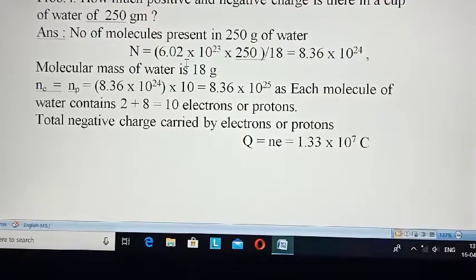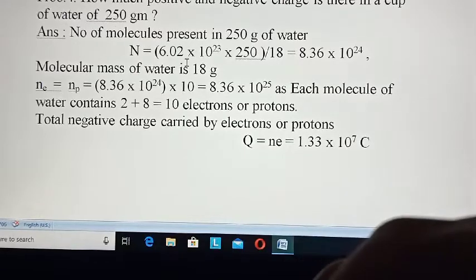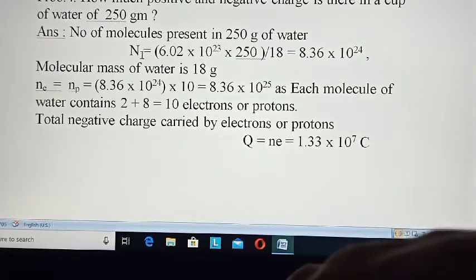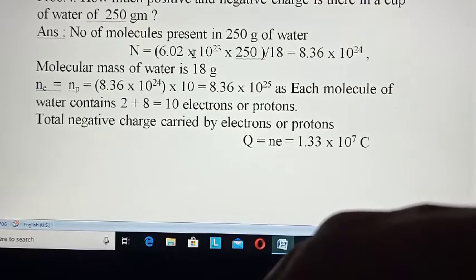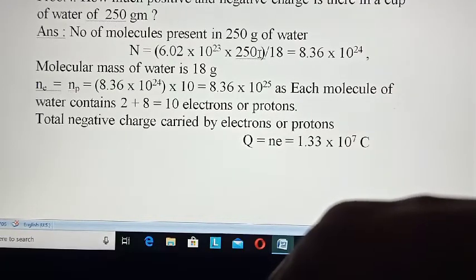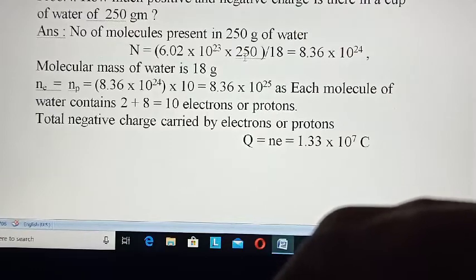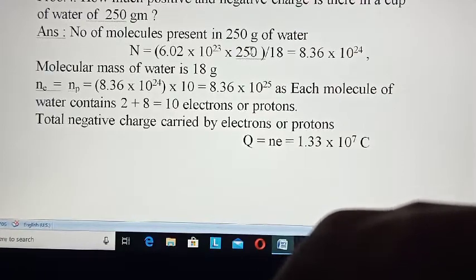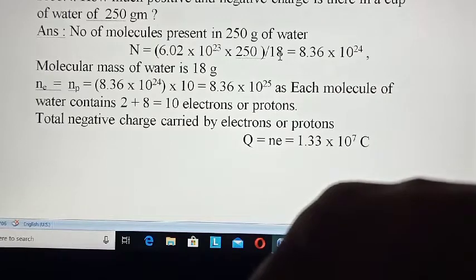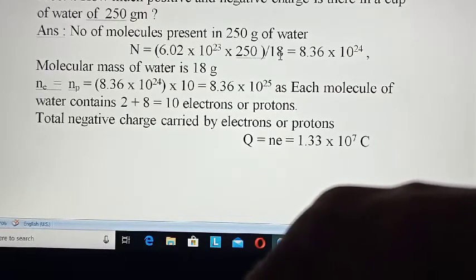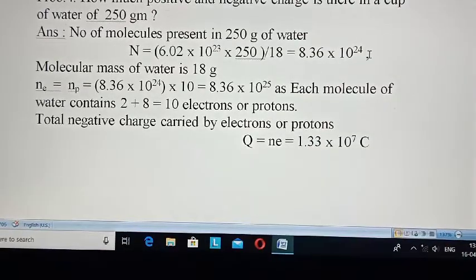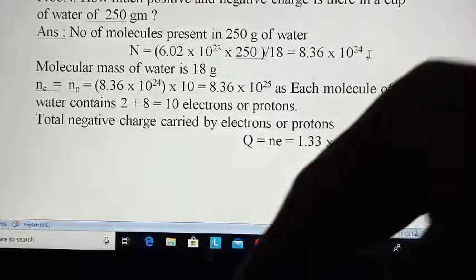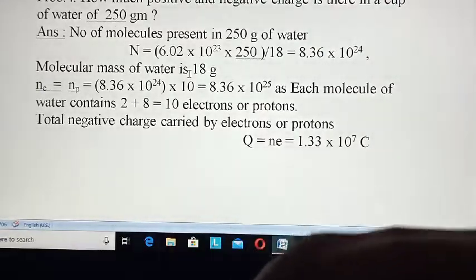So in this case, number of molecules is 6.02 into 10 to the power 23 into 250 gram, because the mass of water given here is 250, divided by 18, because 18 is the molecular mass of water, so it becomes 8.36 into 10 to the power 24. That means the number of molecules present in 250 gram water is 8.36 into 10 to the power 24.